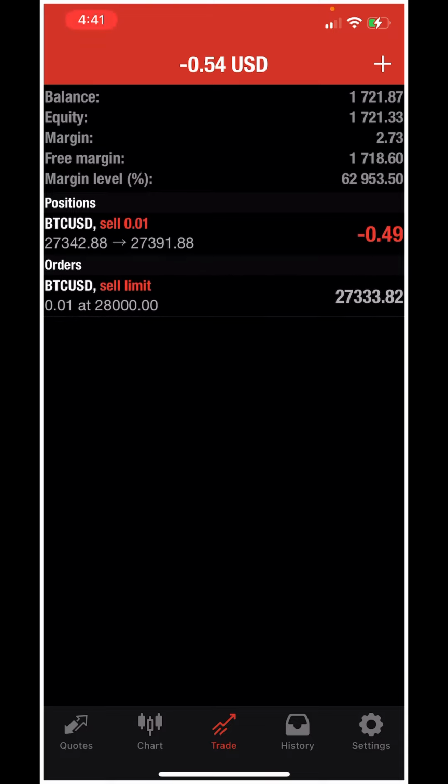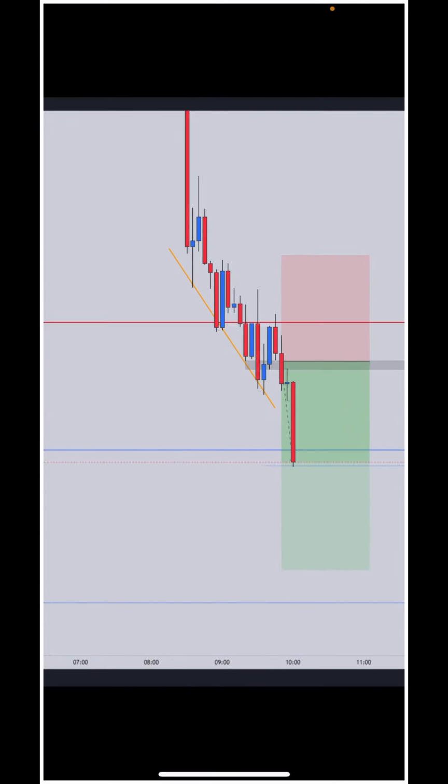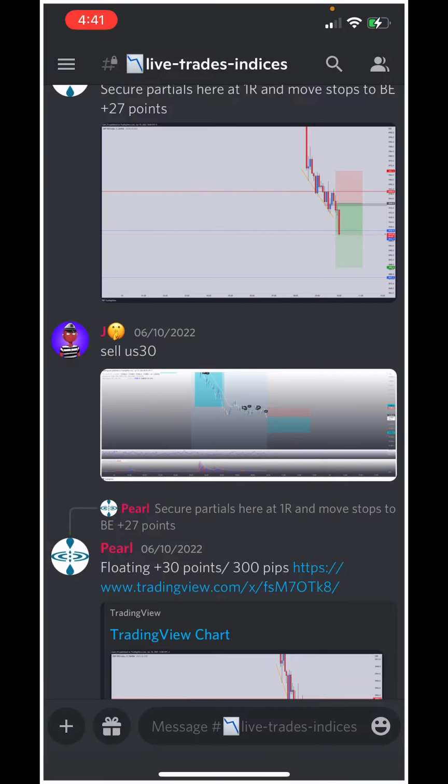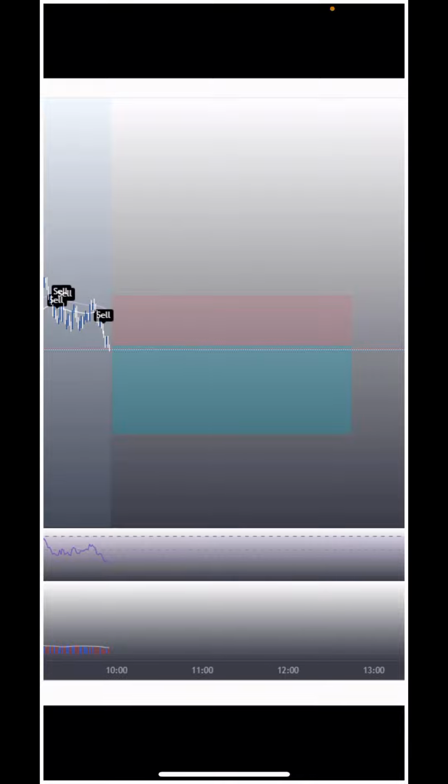Now, what do you do if we just send a chart without a stop loss or take profit? So oftentimes you'll see this red and blue box here, or like you can see on Pearls, it's a red and green box. On the right-hand side over here on the chart, so you see this is the red and blue box.